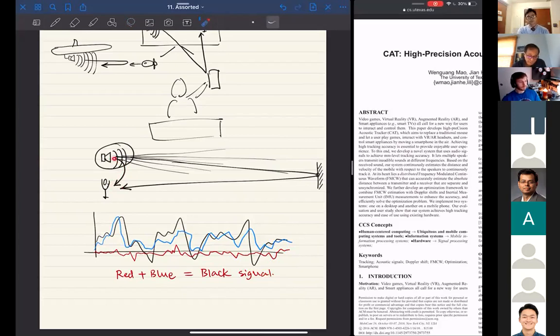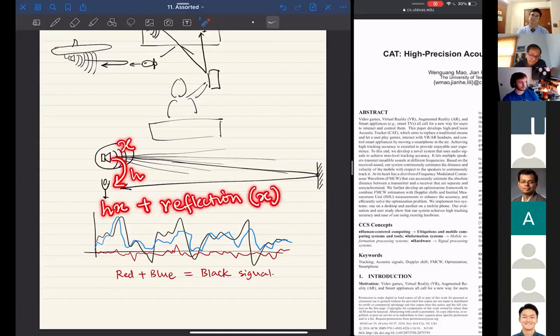Of course, there is a channel over here, which is, let's say, H. So what you're receiving is some H of X plus some reflection of X. But because you know X, and because maybe you can characterize H, you might be able to subtract this.